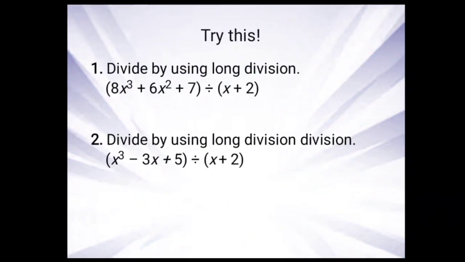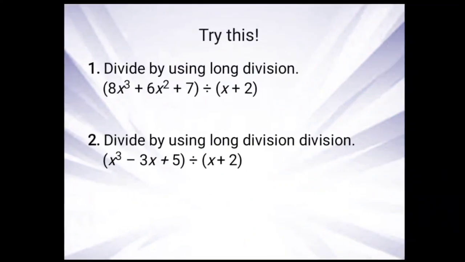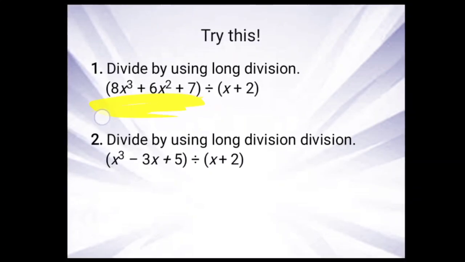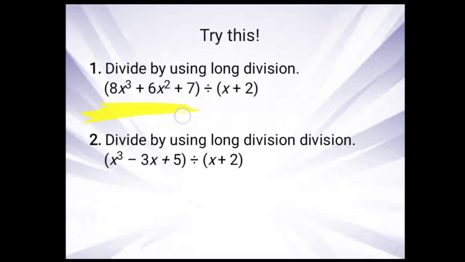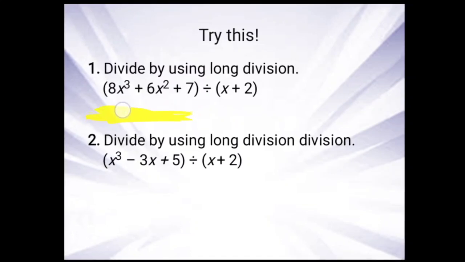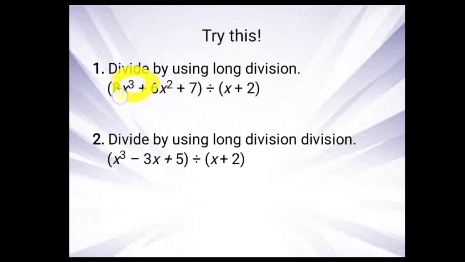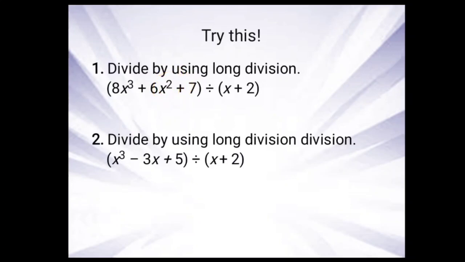So let us try this. Divide using long division. As you can see on number 1, you have to identify if they are properly arranged. Okay, so we all know that they are properly arranged, but there is a missing term. Because we have the exponent 3, we have here the exponent 2, but there is no exponent 1.